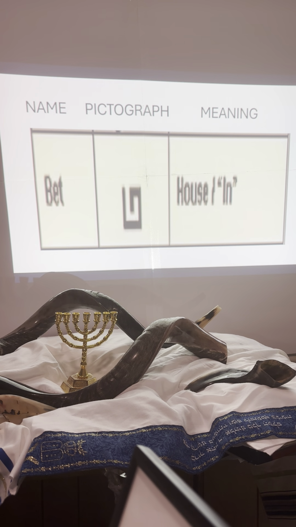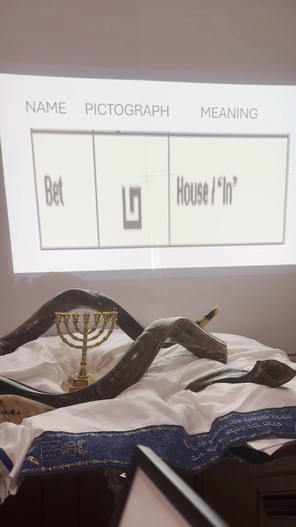So the left is the letter bet, the middle is the pictograph of the bet, and the right-hand column deals basically with the meaning. And so it means a house, or it means an inn.